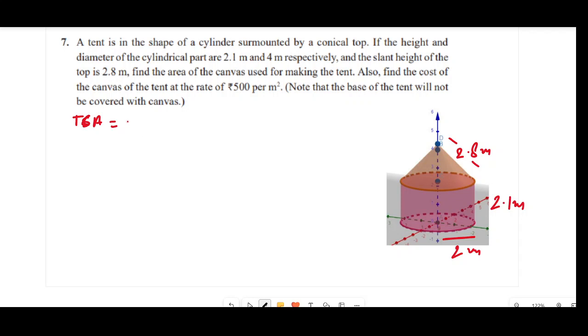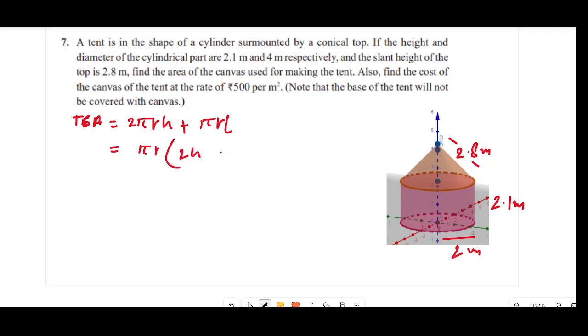Now the area of the cylindrical part, which is curved, is 2 pi RH. Now the area of the cone part is pi RL. First we should take common pi r.